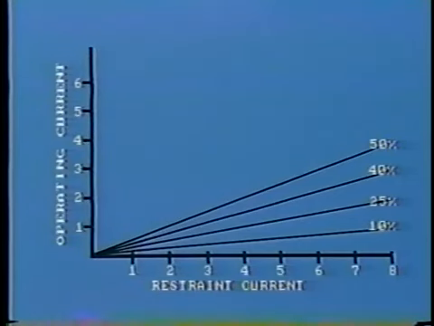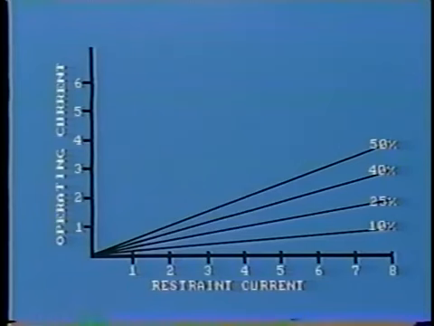This indicates for each case the minimum current required in the operating coil to trip compared to the magnitude of current in the restraint coils. For example, to trip at 25% restraint, it will require a current of 1.5 amps through the differential operating coil if the average secondary current, that is, restraint current, is 6 amps.